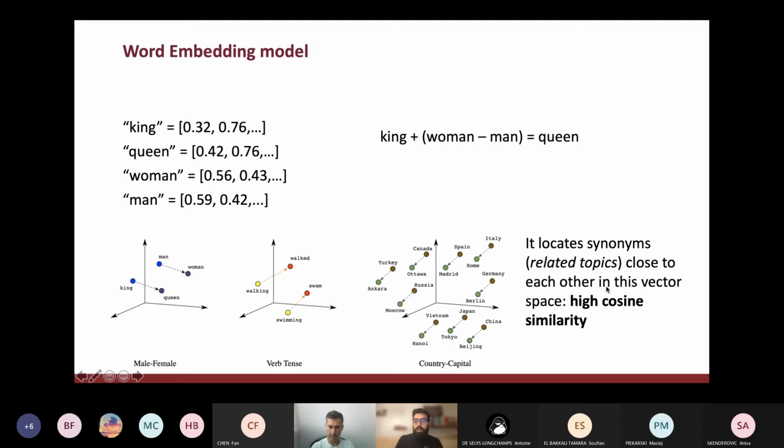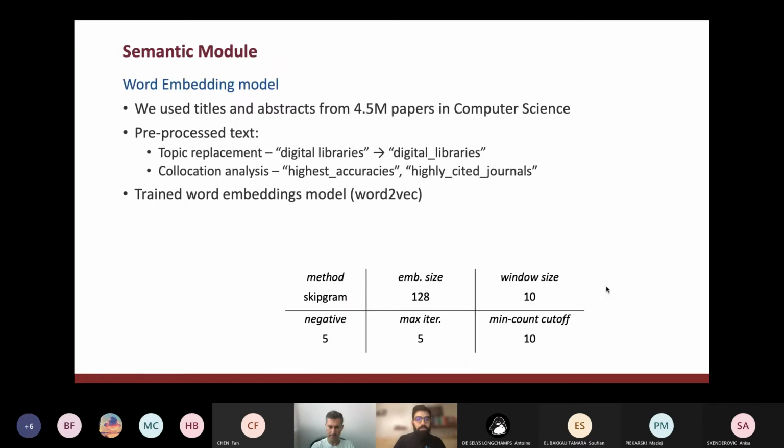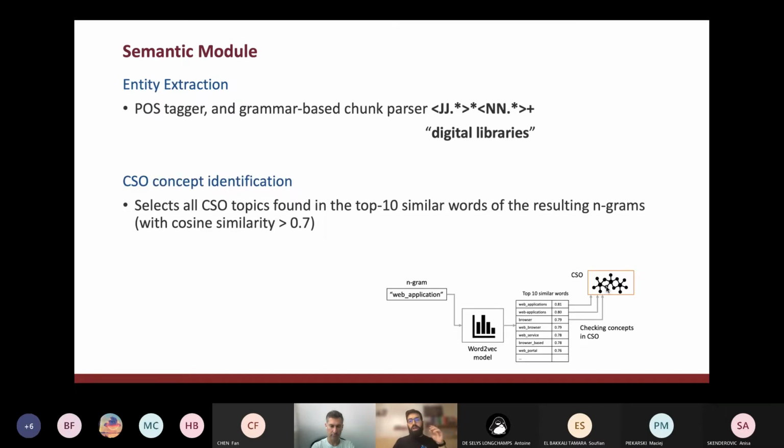We are able to identify synonyms that have high cosine similarity. Two words that are considered synonyms tend to be very close to each other. So a high cosine similarity will tell me that house is related to home. This is just an example. Again, we train the word2vec model and we go into the model.